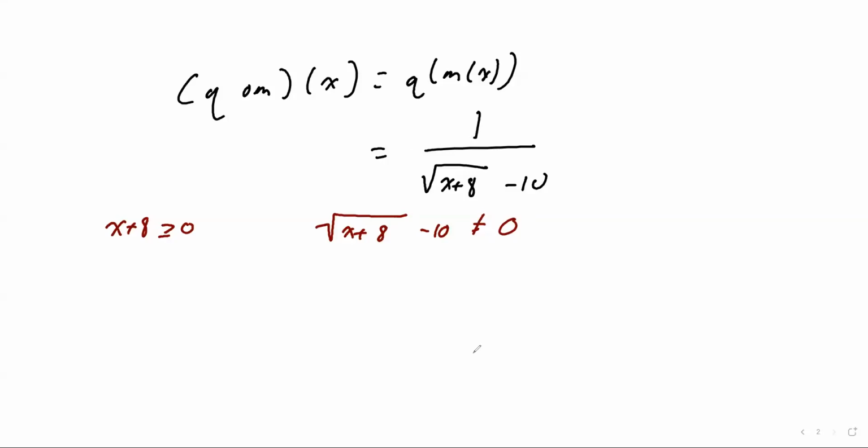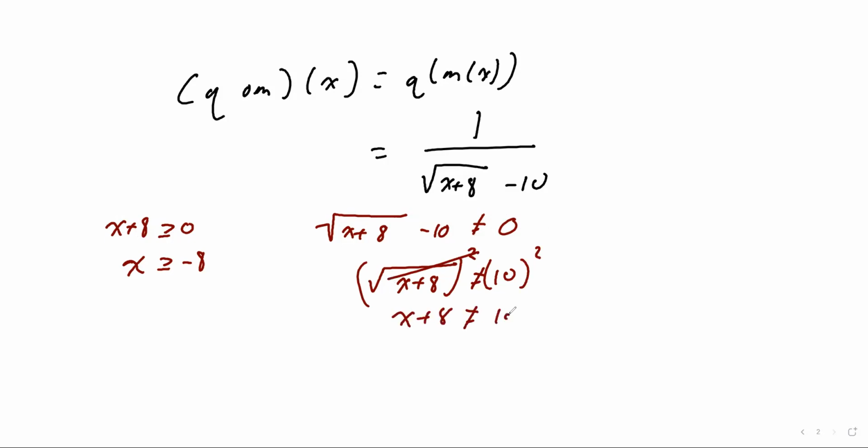The entire thing can't be 0. Let's solve this one first. I would simply subtract 8, so x must be greater than or equal to negative 8. That's the first restriction. Over here, to figure out what x cannot be, I would add 10. So you get the square root of x plus 8 cannot equal 10. Then I would square both sides, so x plus 8 cannot equal 100. Then I would subtract 8.